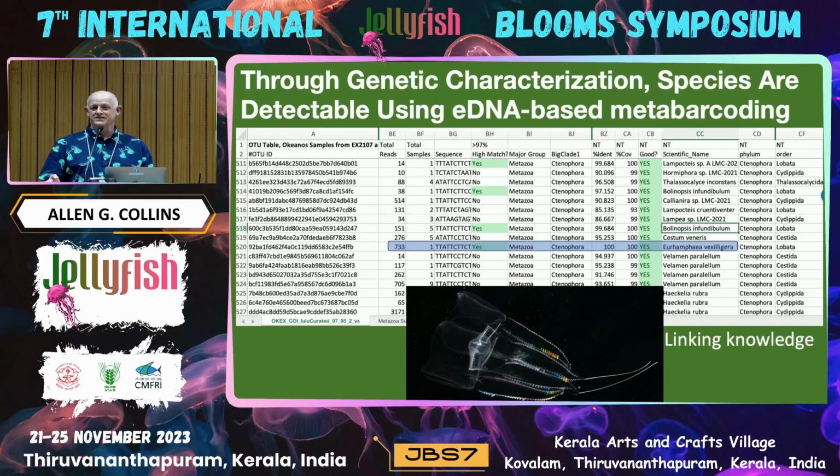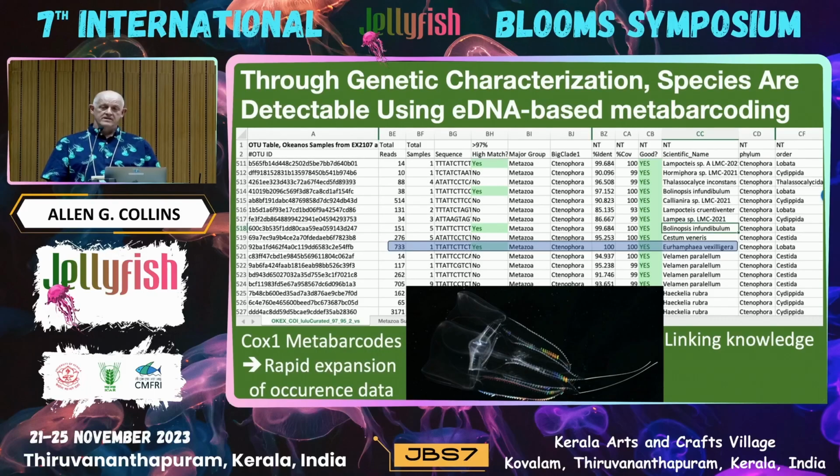This is the ctenophore that inks, and we know more about its biology, and so now we know the places that this can occur. These metabarcode occurrences are going to be put into GBIF, the Global Biodiversity Information Facility, and this will rapidly expand our knowledge of what organisms are found in what parts of the world.